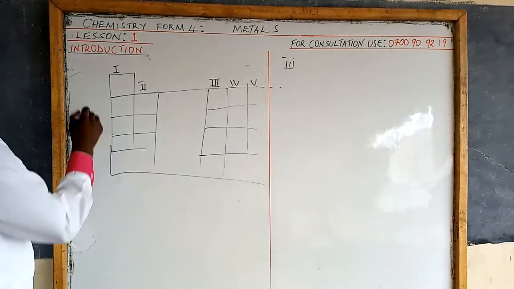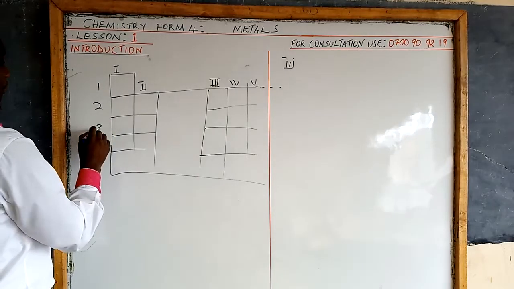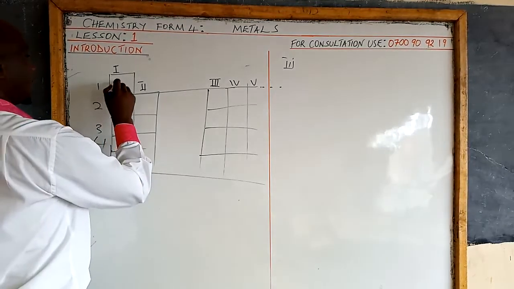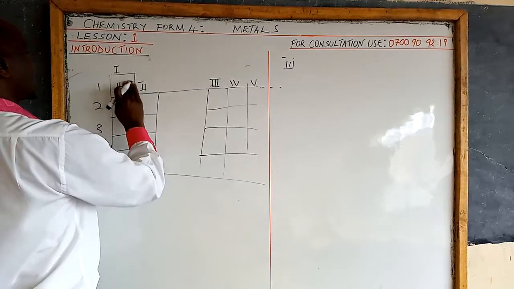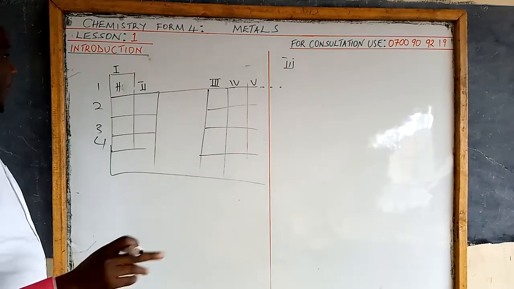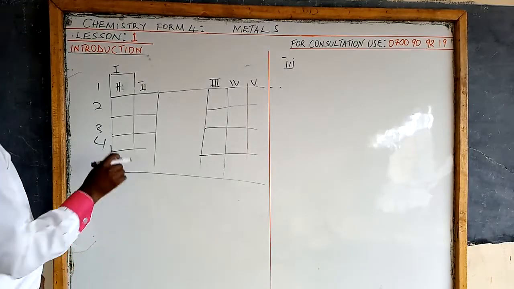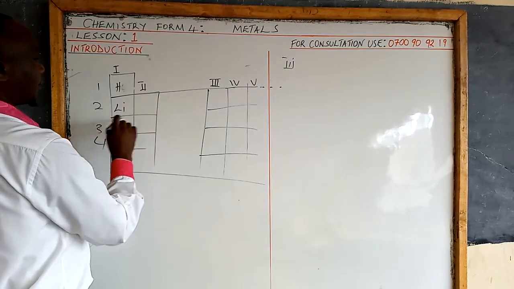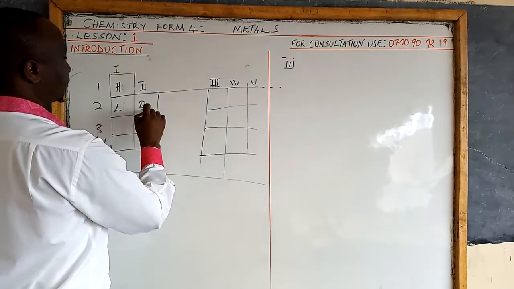So for the first 20 elements, usually we go up to period 4, up to there. So at the top here, we have hydrogen. Then group 8 there will have helium. Then we have lithium, beryllium.